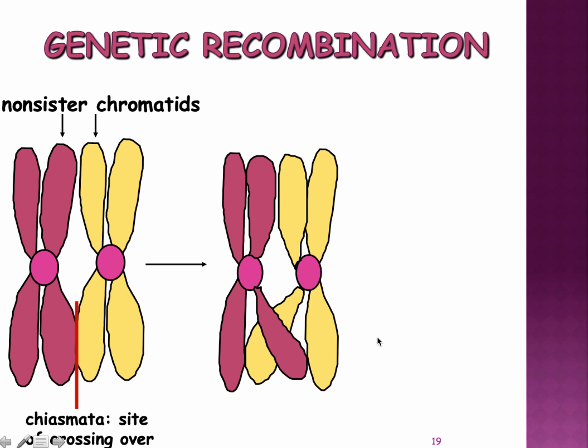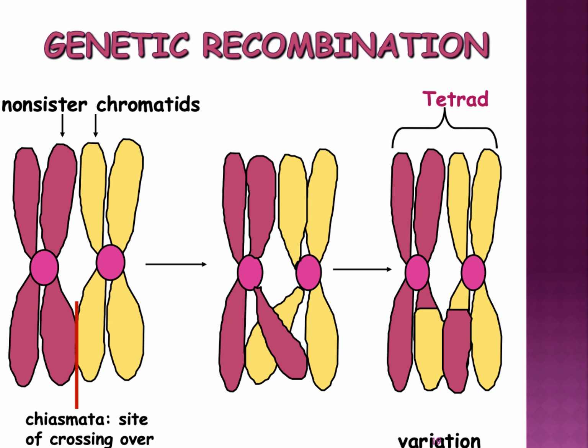All right, here's a picture of that. Of course we get variation from the process of crossing over. So this is saying chiasmata is a site of crossing over, where you see the homologous chromosomes intertwining.